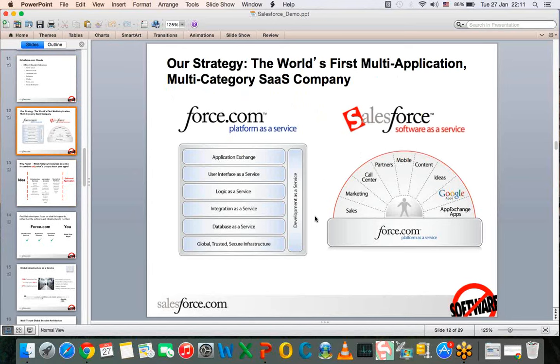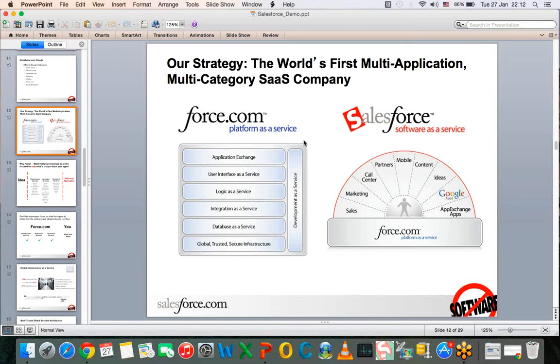So here, all you have to worry about is the application, the user interface, the logic, the integration, the database, or the infrastructure. Everything you use as a service in the Force.com platform. Even the development is part of the service. You're not buying the whole infrastructure or the database or integration services. You just buy the license for Force.com and you can start building your applications.